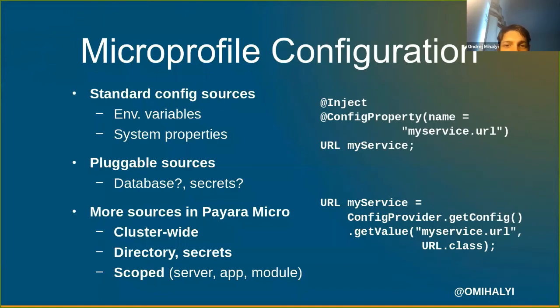And there are multiple object types supported by configuration by default. Not only specific types like URL or string or integer, but any type, any class that contains a string constructor or a static parser method that accepts a string value.